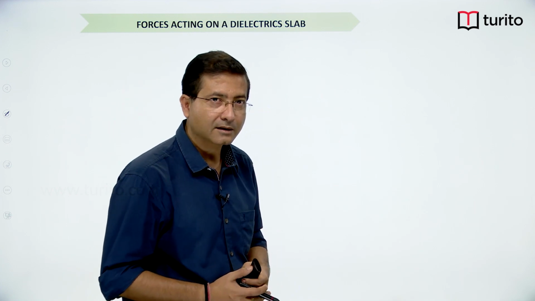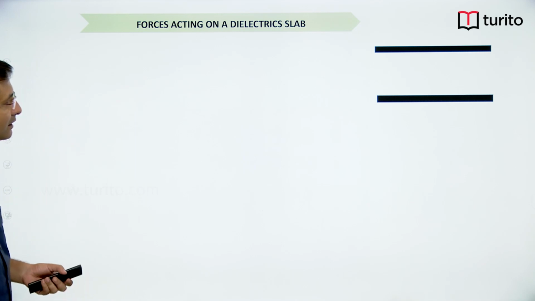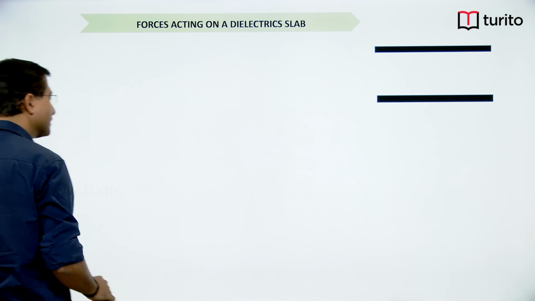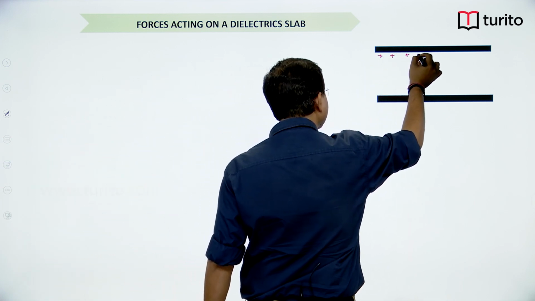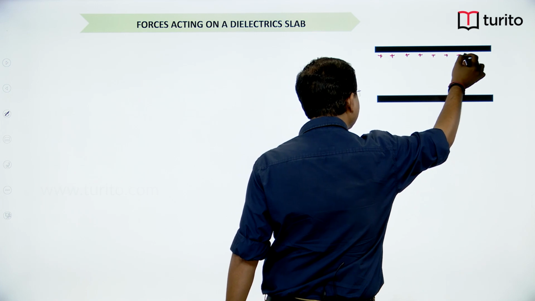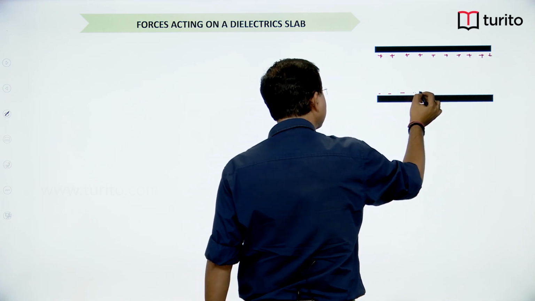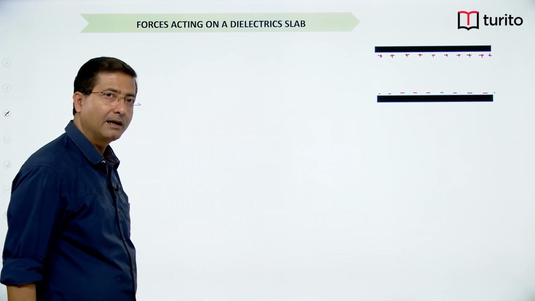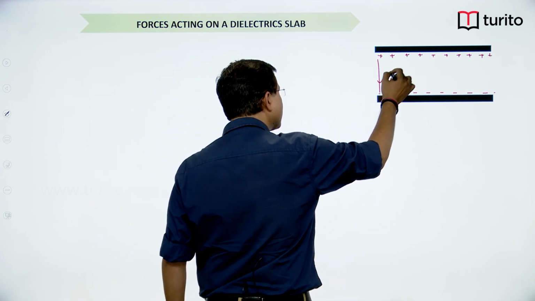When I place dielectric inside capacitor or when I just look at the capacitor, generally we draw field lines this way. So, here there will be positive charge, here there will be negative charge, right, and there will be electric field lines in between, we draw them this way.